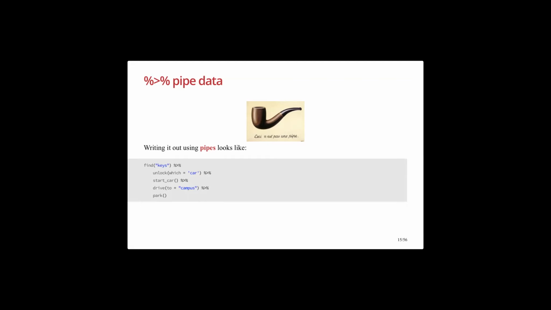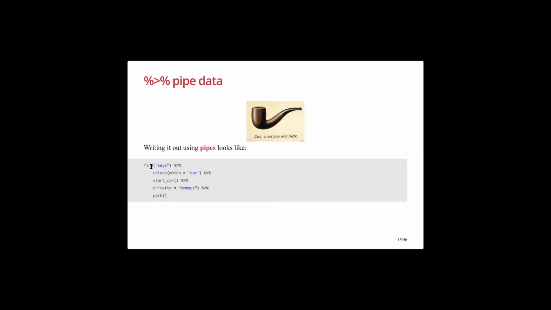Find our keys, then unlock our car, then start our car, then drive me to campus, then park my car. So you've got those same pretend functions, those 5 operations, all operating on your data. But by using pipes, we can express it in a way that is more akin to how humans think and speak and run operations in real life.